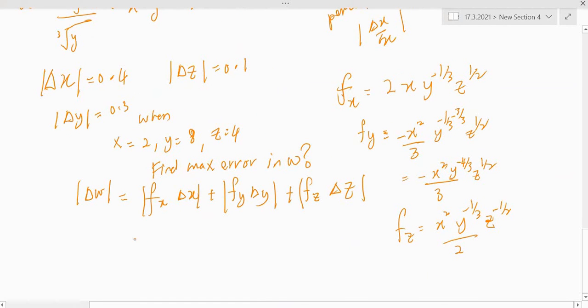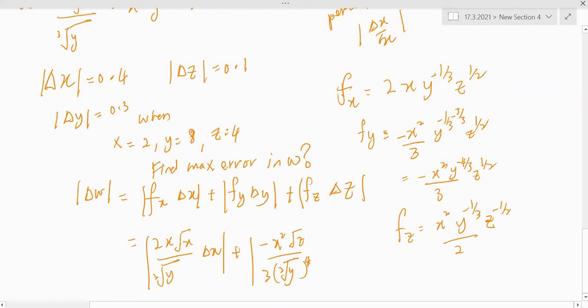Here Fx will be 2X square root Z over cube root Y. I just put like this. And then plus negative X squared square root Z over 3 cube root Y to the power of 4.